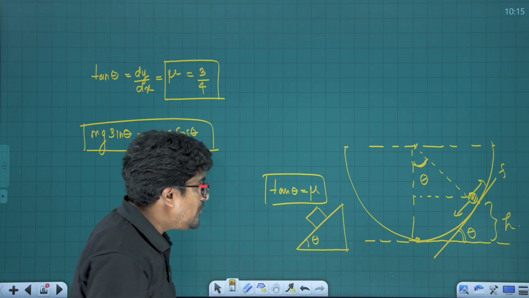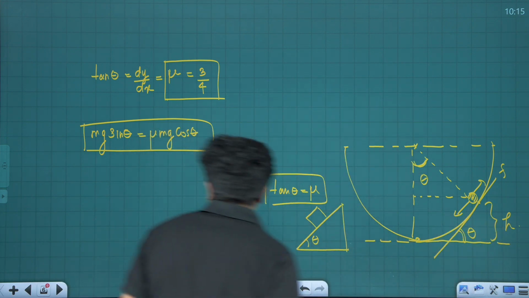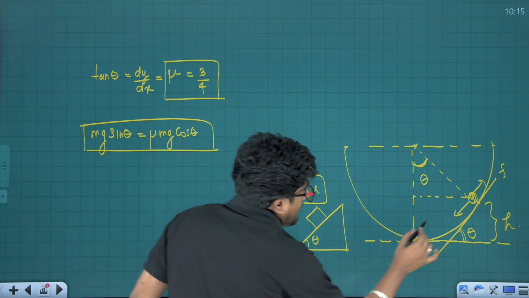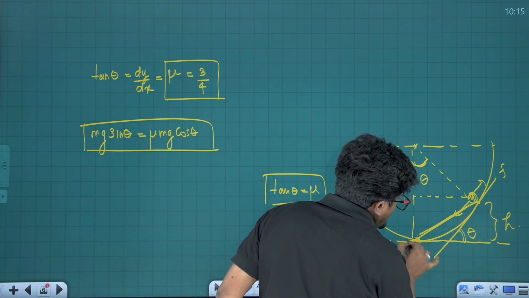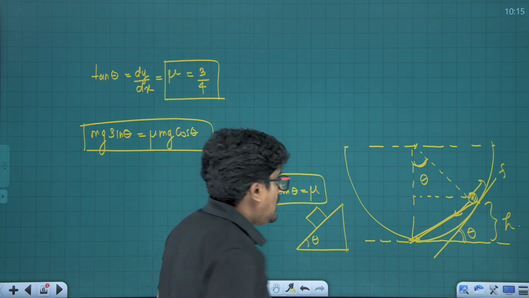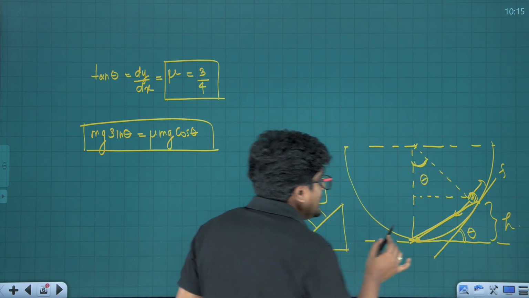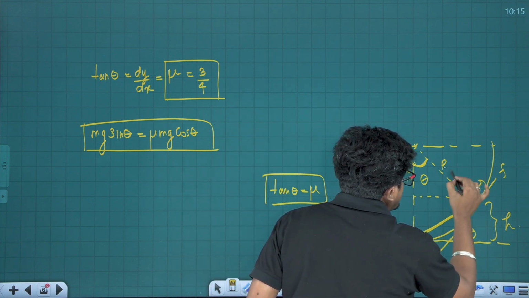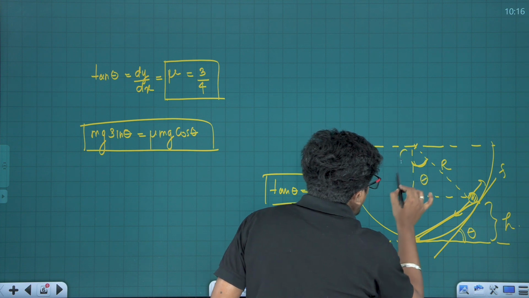Now what I am going to do is, in this condition, if I draw a straight line like this, I told you this angle was theta. In that condition, if I take this as capital R, what is this going to be?